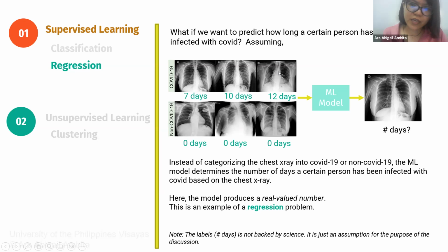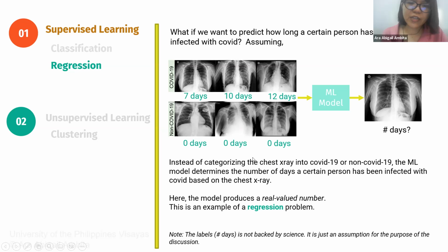Each image has an associated label: this one has been infected for 7 days, this person's chest X-ray has been infected for 10 days, this person has been infected for 12 days. And those with no COVID-19 have not been infected yet. Given a new chest X-ray, how many days has this person been infected with COVID?